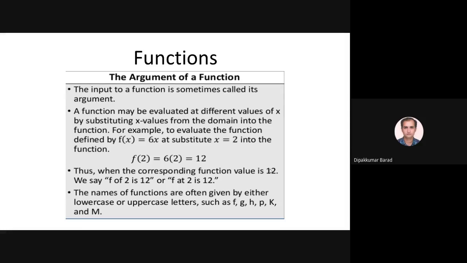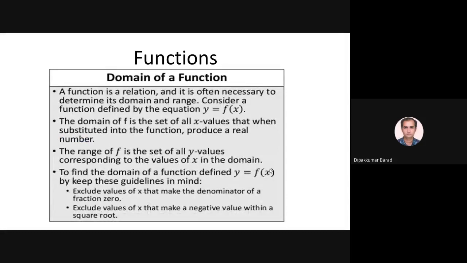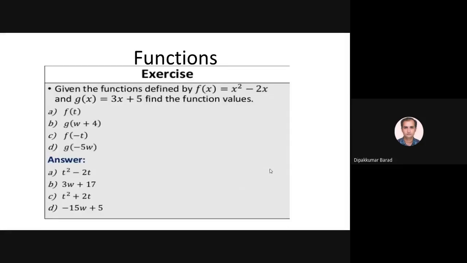Again, these are the basic fundamental things discussed here. For example, given f of x equal to 3x plus 1, you can find f of 2, f of minus 1, and f of x. This is very basic. Again, domain and range, which you already know how to find.